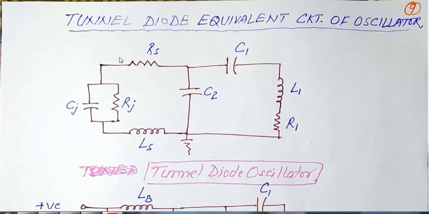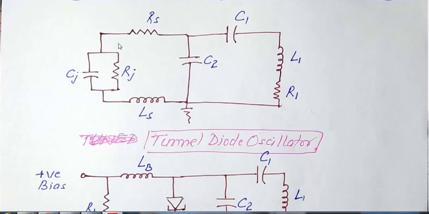Now let us consider how a tunnel diode is going to act as an oscillator. Now this circuit shows an equivalent circuit for a tunnel diode oscillator. Here C2 is made larger than C1.